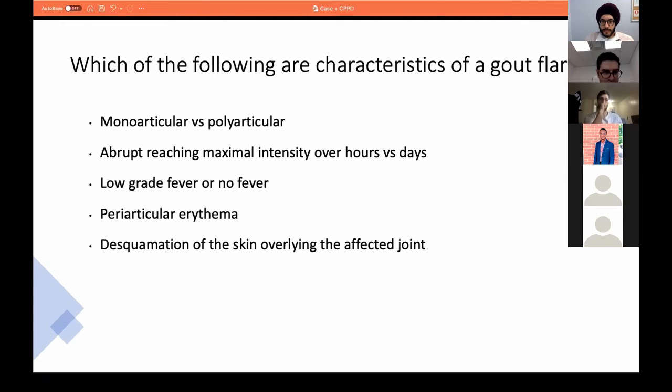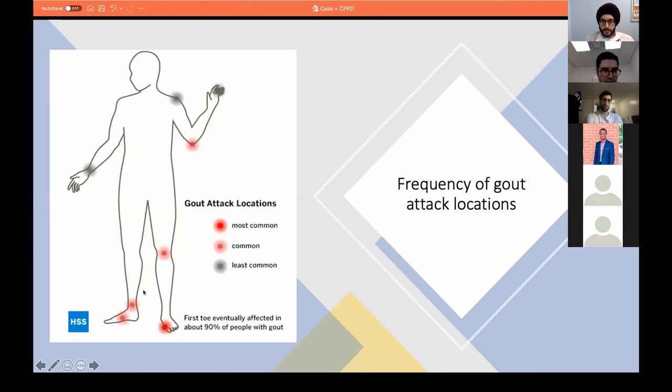Periarticular erythema, yes, and if you look at the joints of this patient, especially the first MTP, you'll see some desquamation of the skin, which is a result of the inflammation. As for frequency, the first MTP is the most likely affected first, then the ankle and knee, which would be second, and the elbow, less likely, then the wrist or shoulder. At that point, gout has probably been going on for a while and is uncontrolled.